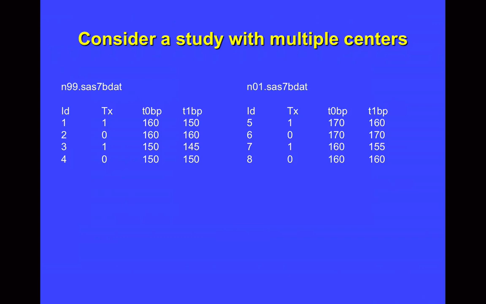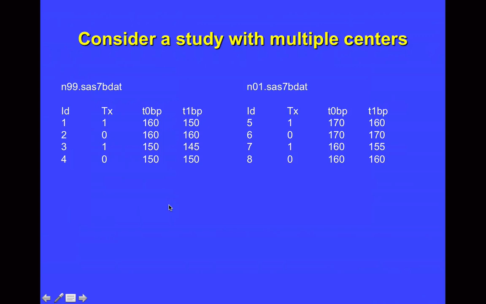Let's consider this example. This is a made-up example of a study with multiple centers. Each center has 4 study participants, and each of those participants was assigned to a treatment, either treatment yes or treatment no, by 1s and 0s, and then blood pressure was measured at time 0, the baseline, and time 1, a follow-up.